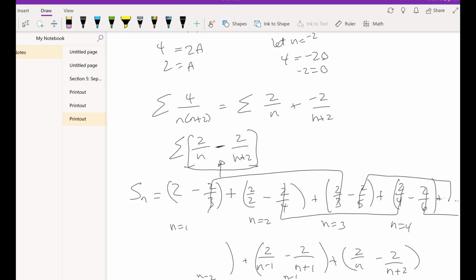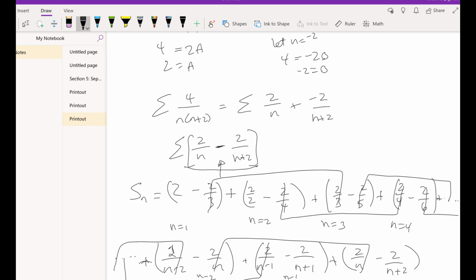So I get dot dot dot, 2 over n minus 2 minus 2 over n. It's the last one in the group, skip a group, first one in this group, and so on. So we can see these ones are all canceling.